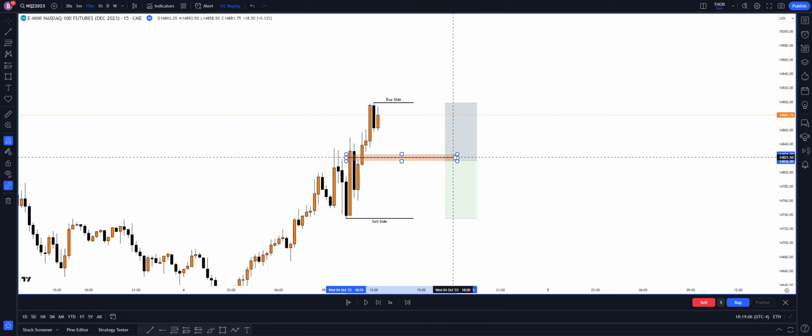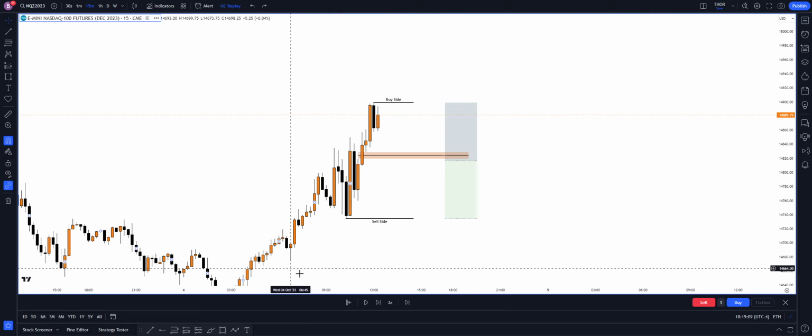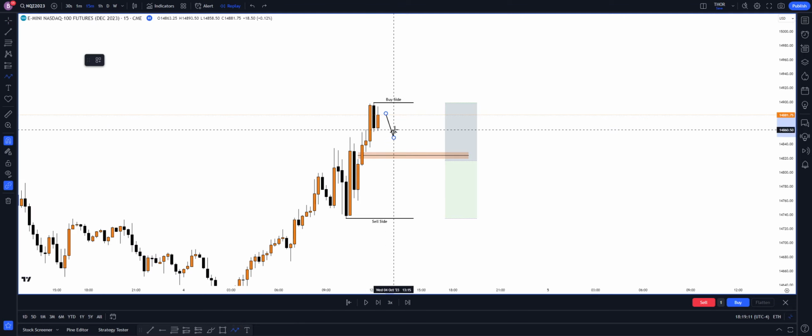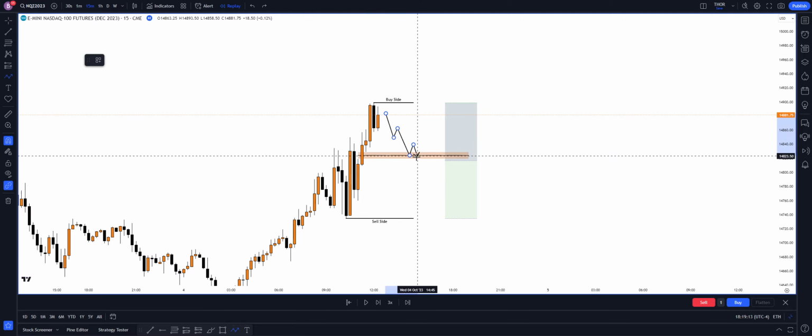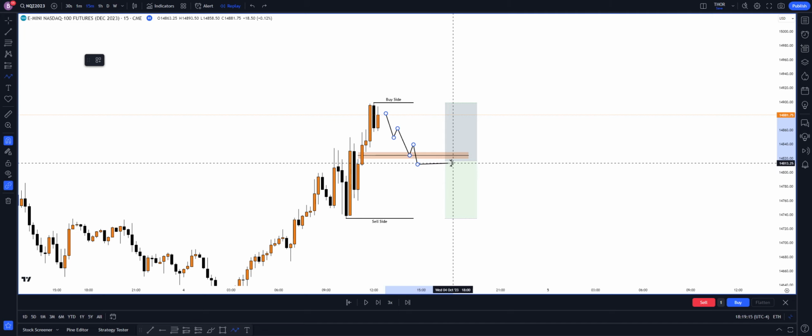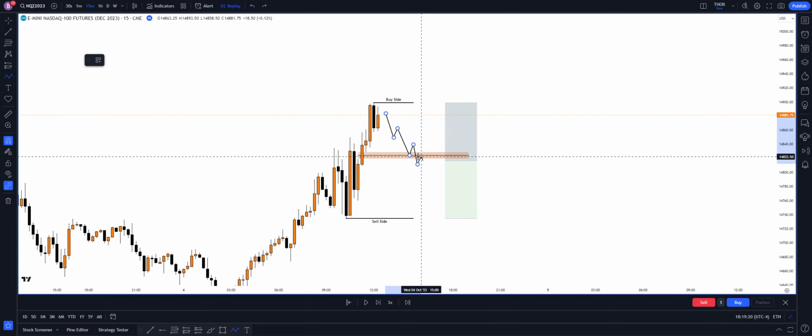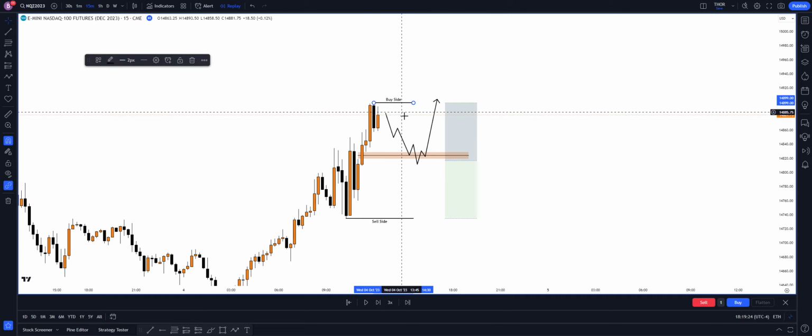However, what I would like to see is price trades into this fair value gap for the afternoon session and wicks a little bit into equilibrium of the range or the discount area, but the body closes within this fair value gap. That's what I would like to see, right? Then raid the buy side. That's what I want to see.